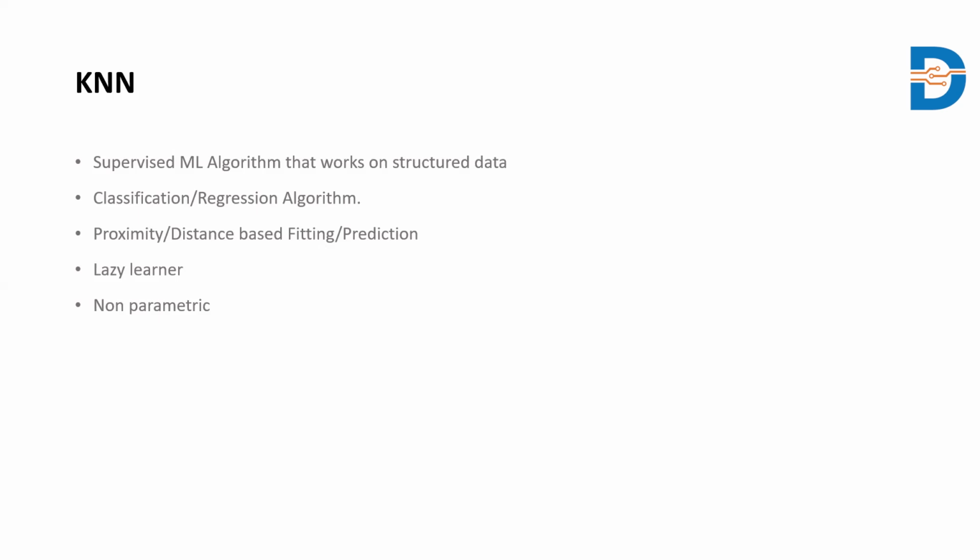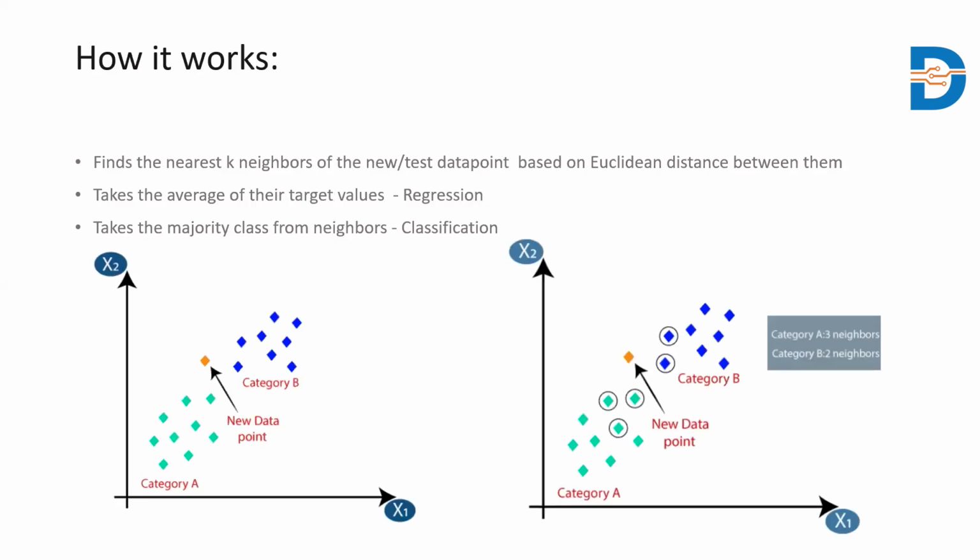So, because of the limited training period or technically zero training period, KNN algorithm is called a lazy learner. All other machine learning algorithms start generating parameters and fitting the data the moment they receive training data. So other algorithms mostly are called eager learners, while KNN algorithm is called a lazy learner.